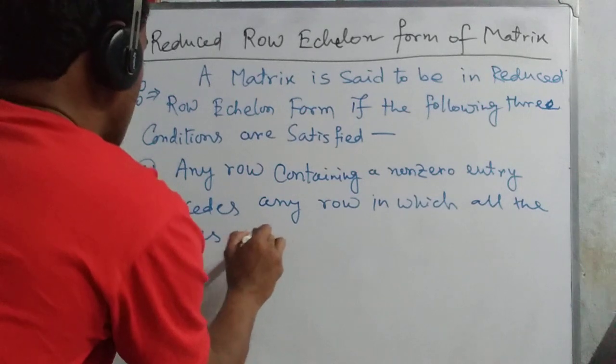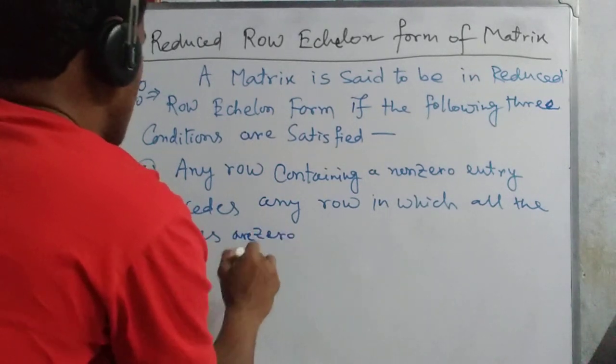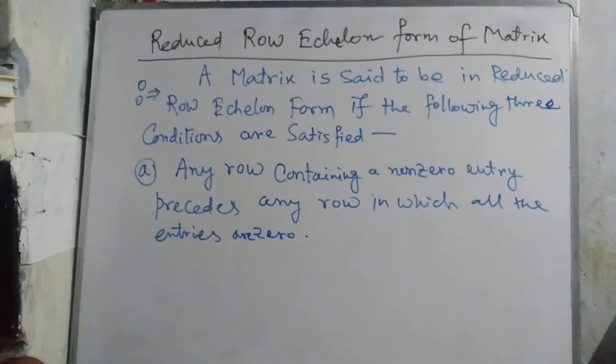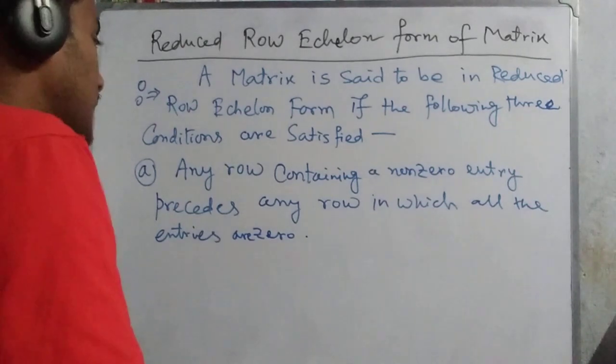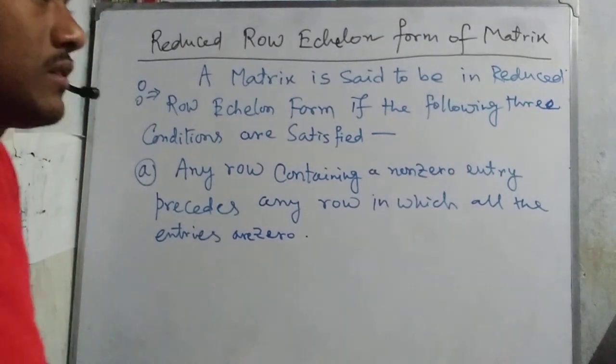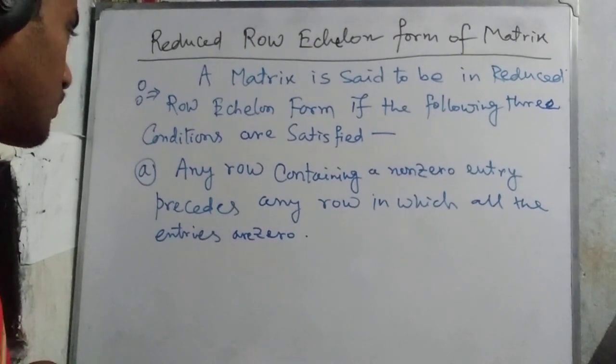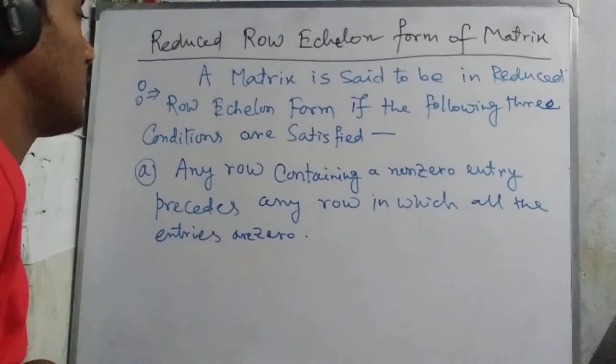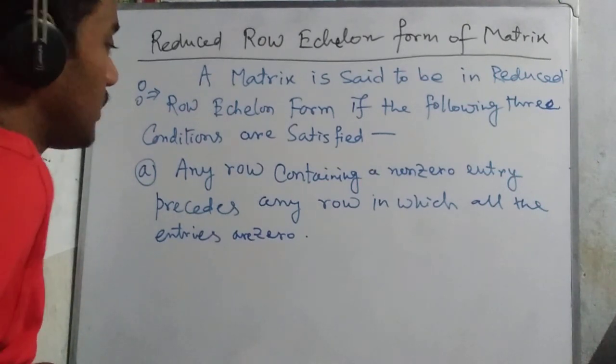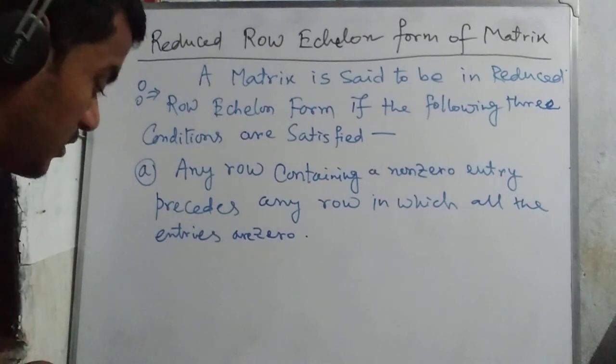That means a zero row, not a non-zero row, is placed after, and we also discuss the zero rows. Any row containing a non-zero entry precedes any row in which all the entries are zero. Understood?